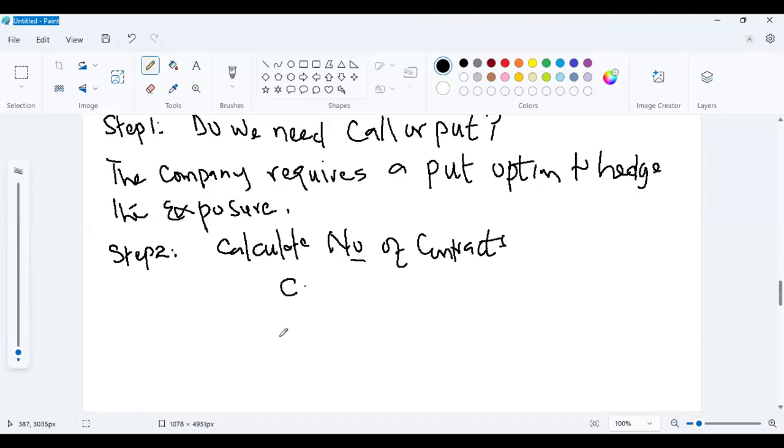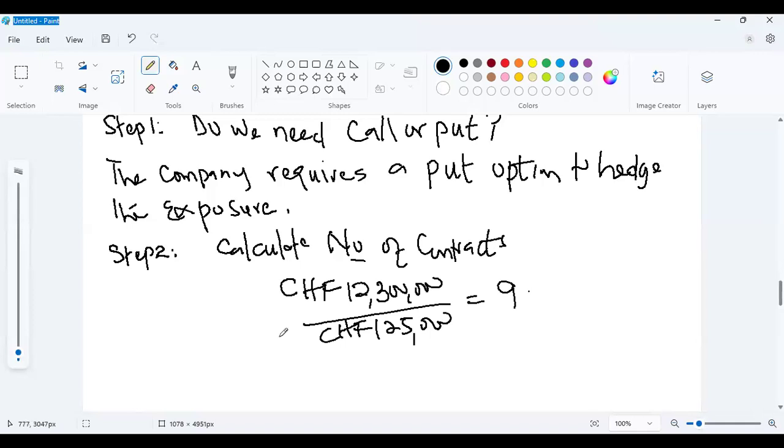Our exposure is in CHF, 12,300,000, divided by the contract size. That means we are going to have 98.4. But under exchange-traded currency options, there's no room for fraction. So we are going to say 98.